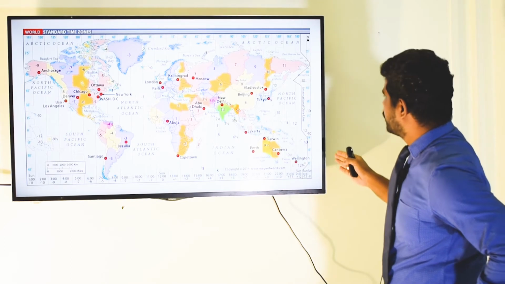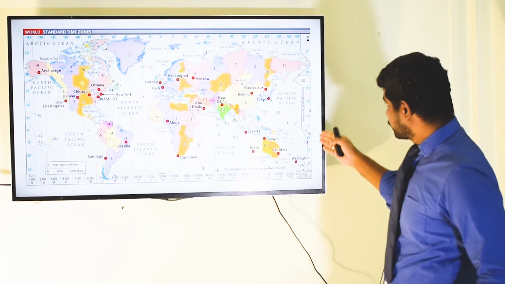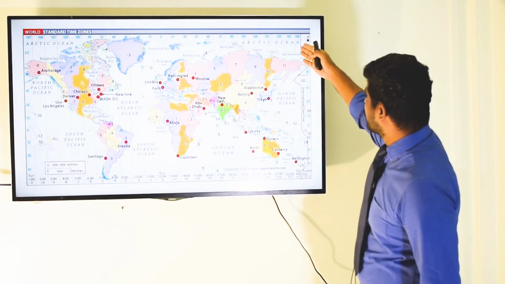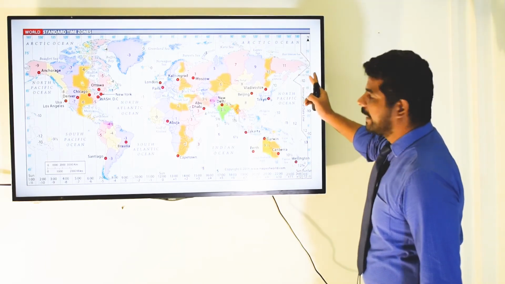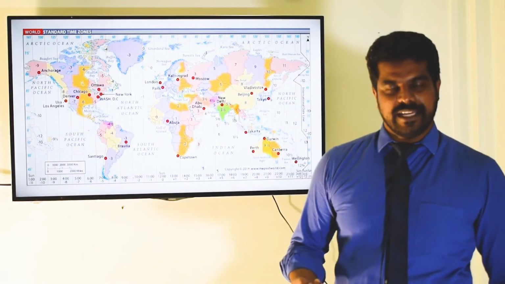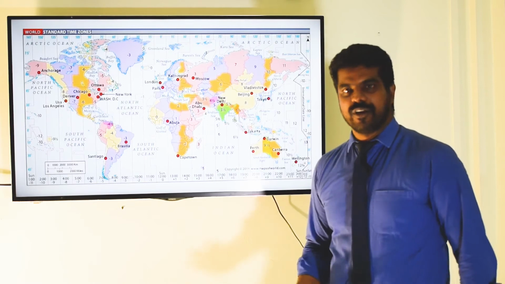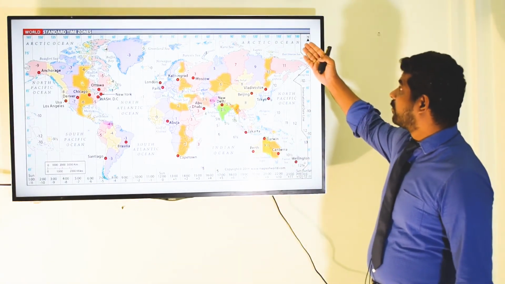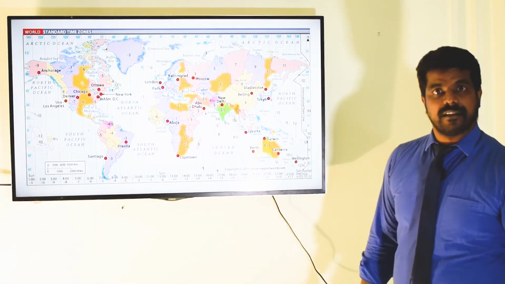The reason is that if the line falls straight, it may divide countries. That means a country with two different times would come about, which would cause a lot of confusion. That's the reason they draw this line in a zigzag way.